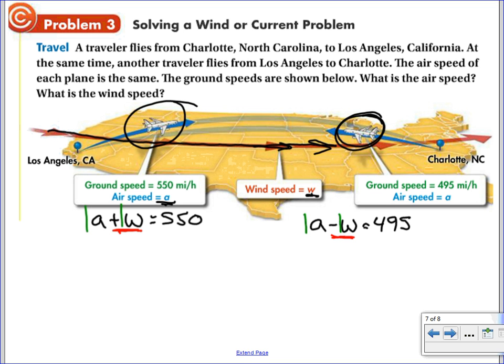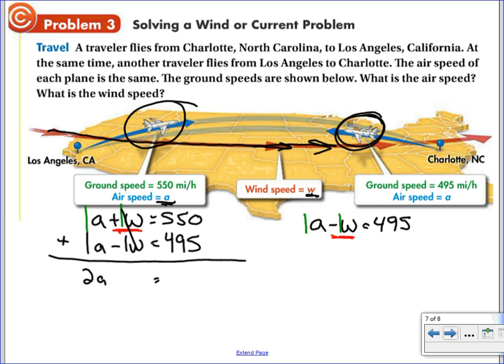So I'm going to take the Charlotte, North Carolina plane and put that equation underneath the one coming out of LA, and I'm going to add these two equations. So 1A plus 1A is 2A. 1W minus 1W cancel each other.